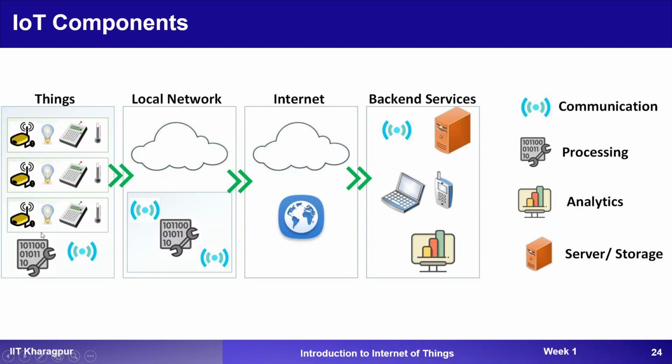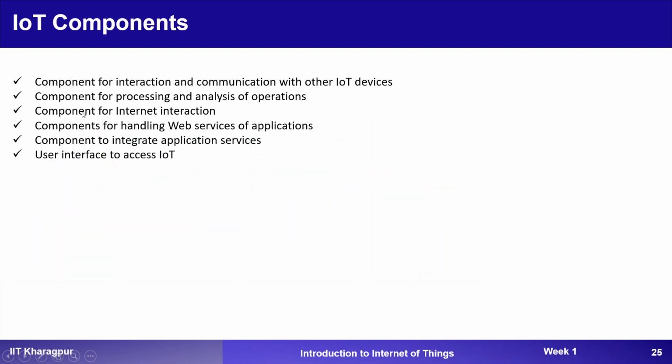Now, what are the different classifications of the IoT components that are required? We require components for interaction and communication with other IoT devices, components for processing and analysis of operations, a component for internet interaction, and components for handling web services.